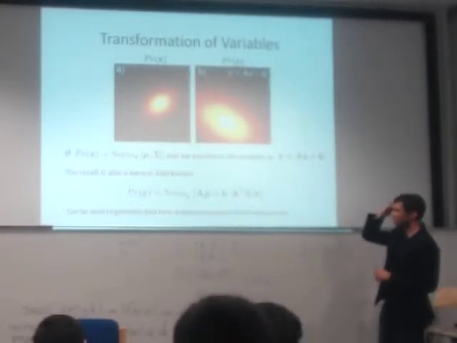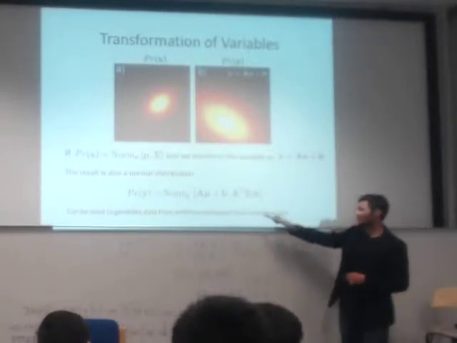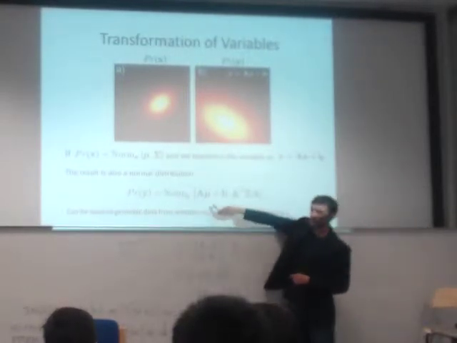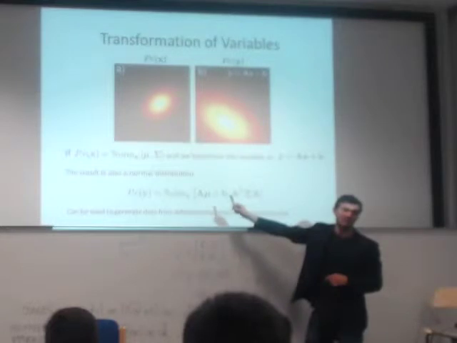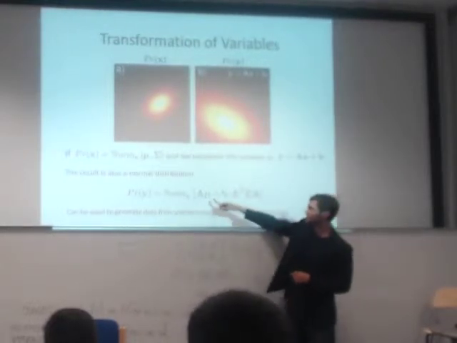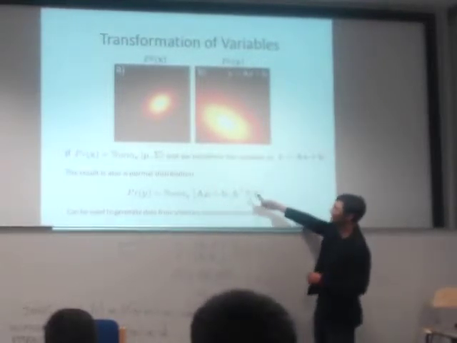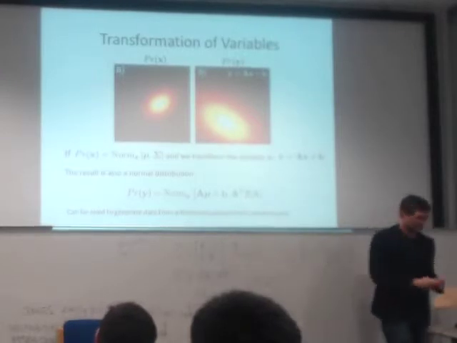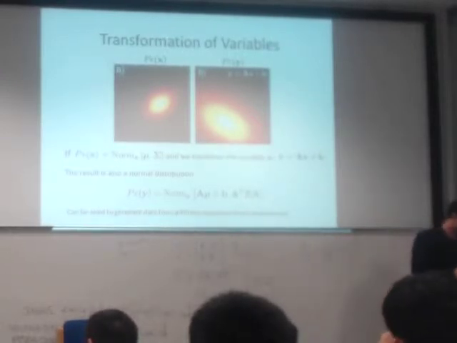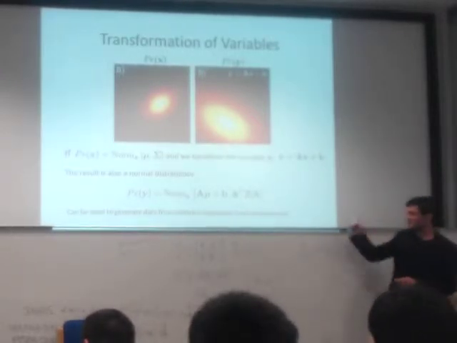If you plug everything in, you end up with this. So your new mean, the mean parameter for your y distribution is this, and then your new covariance matrix is that.